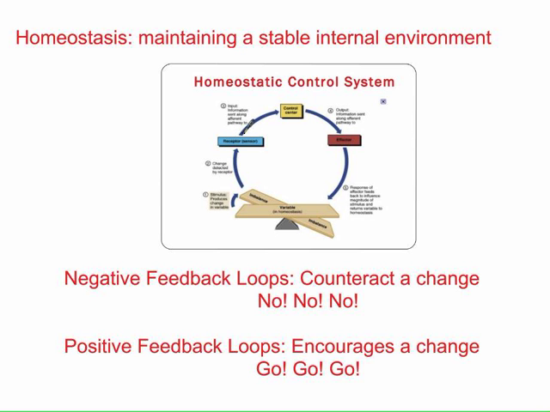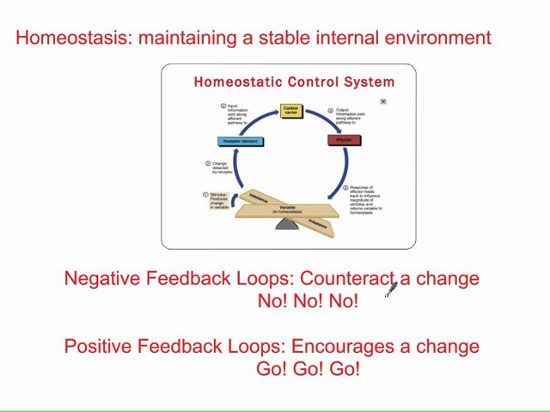Then that sends information to our control center, which in 99.9% of cases is the brain. The brain sends a message, which is an effector, which causes a change and allows that variable to become balanced.